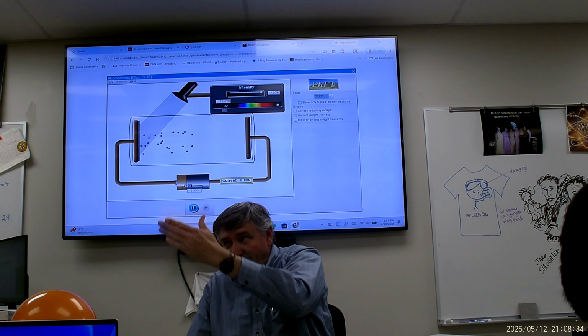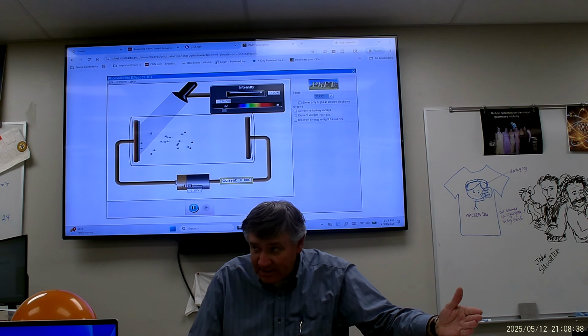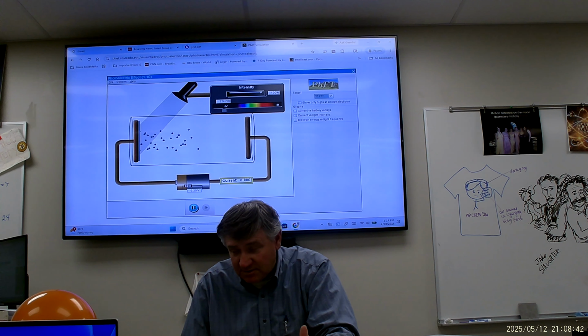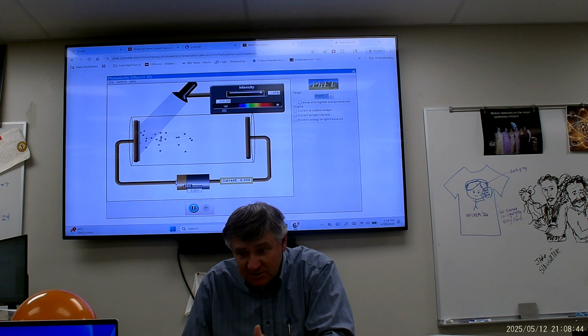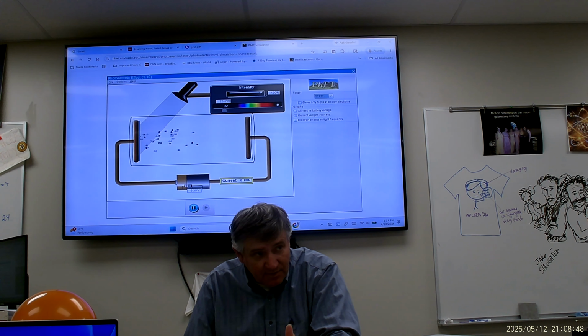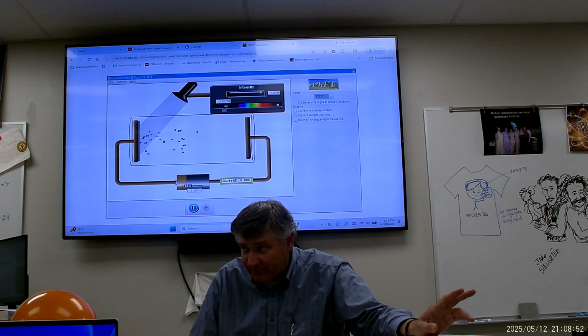Then you're going to set the voltage, whatever that needs to be, to make it stop. And then from there, you're going to solve for the work function. Once you get the work function, you're going to use that to identify the metal based upon the chart of work functions that you have.